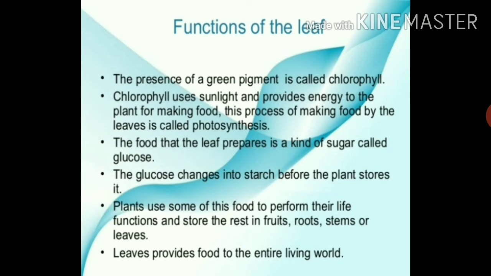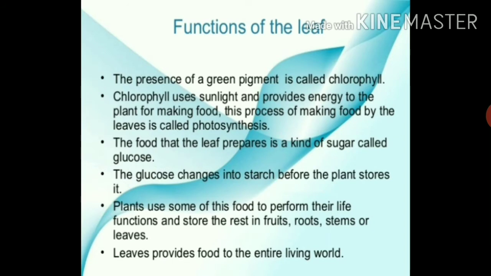The glucose changes into starch before the plant stores it. It means that the plant stores this food in the form of starch. So, leaves prepare this food in the form of glucose, and this glucose changes into starch before the plant stores it.